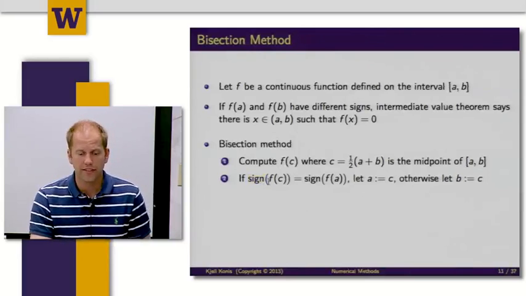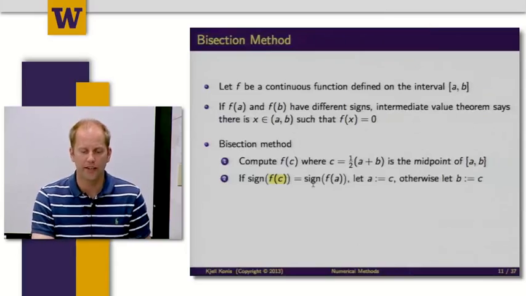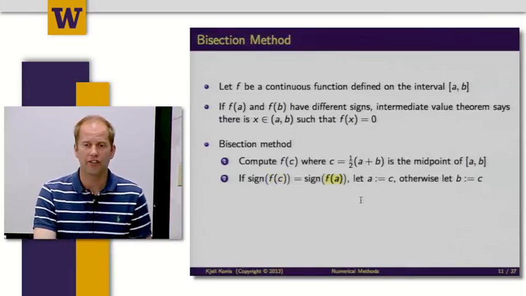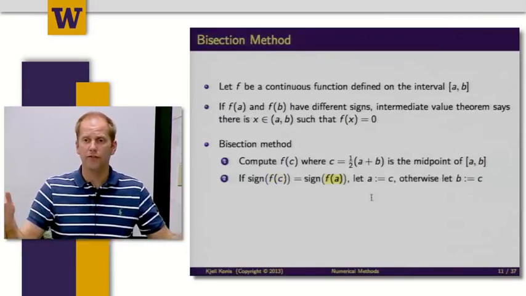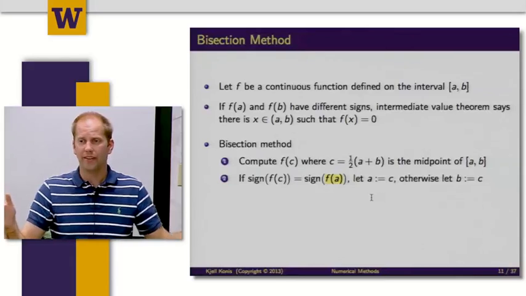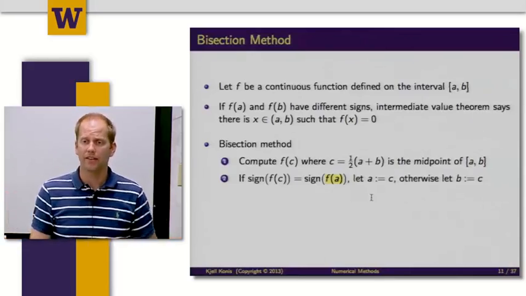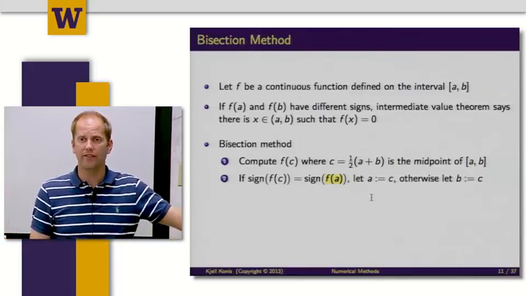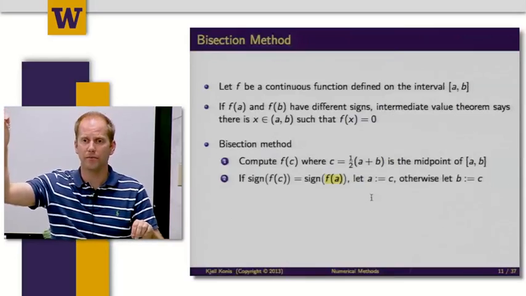So what this is saying is, if the sign of the function evaluated at the midpoint is equal to the sign of the function evaluated at the left endpoint, then I'm just going to move that left endpoint to the midpoint. So I make my interval half as wide, because if I know the function is negative here, and it still will be, then it has to be positive at the other point.